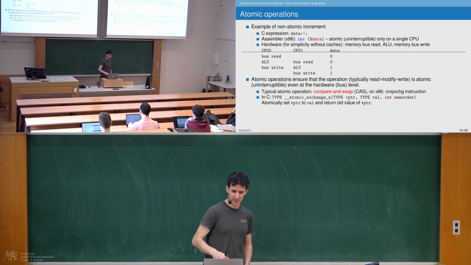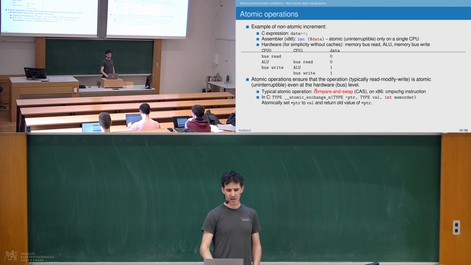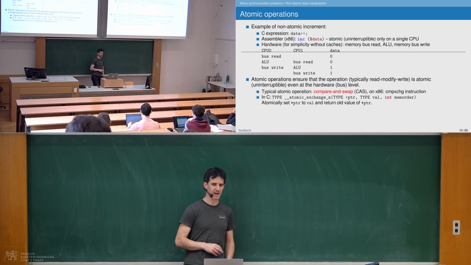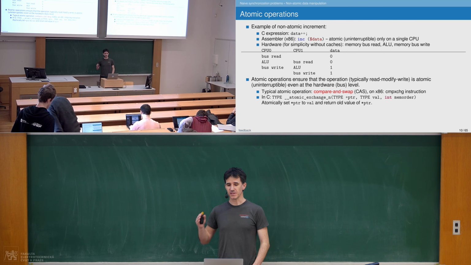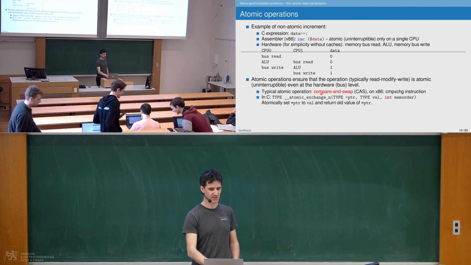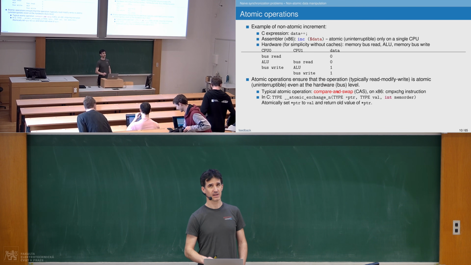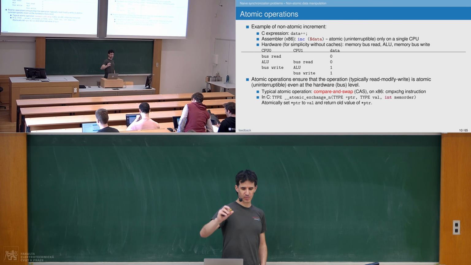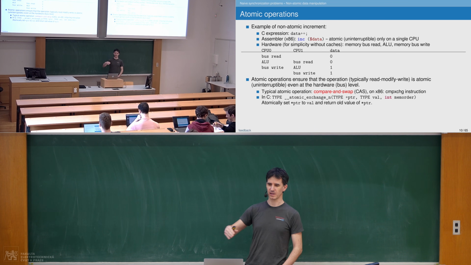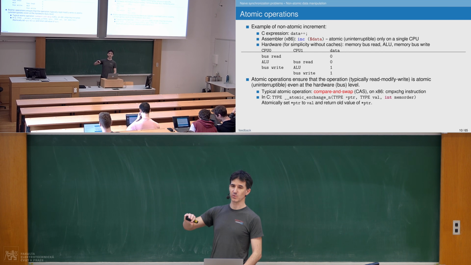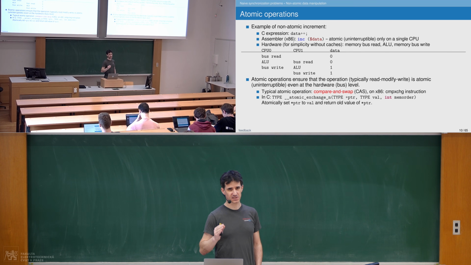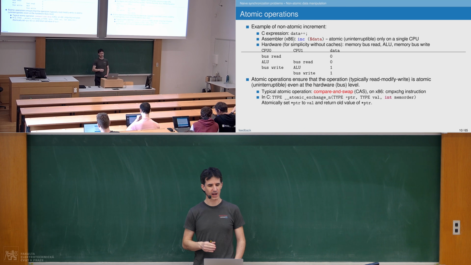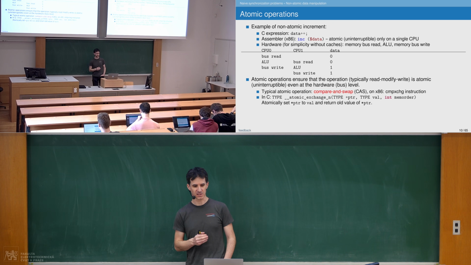So for simplicity, I will talk here about a typical atomic operation, which is called compare and swap. It is proven that if a CPU implements just this single atomic operation, where they atomically compare some variable with another value, and if the comparison is true, the value is swapped with another value, you can implement all other atomic operations that you need with this single instruction.